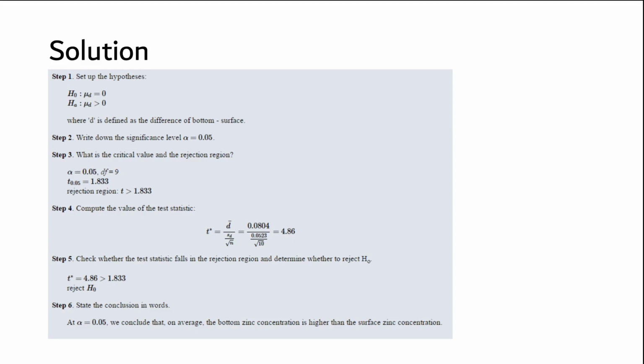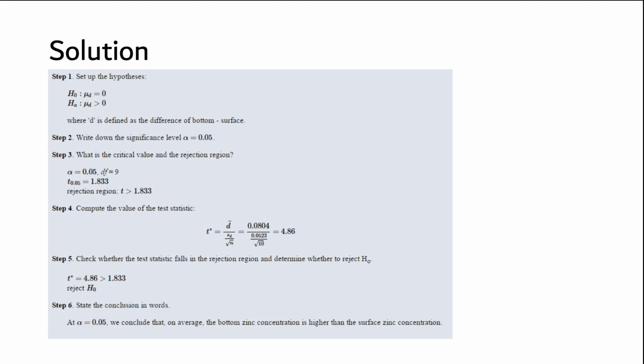Then we calculate the t test statistic, denoted as t with a star. Our calculated t is 4.86. This means that the test statistic falls in the rejection region, and we have enough evidence to reject the null hypothesis. For the conclusion, we can say that on average, the bottom zinc concentration is higher than the surface zinc concentration.